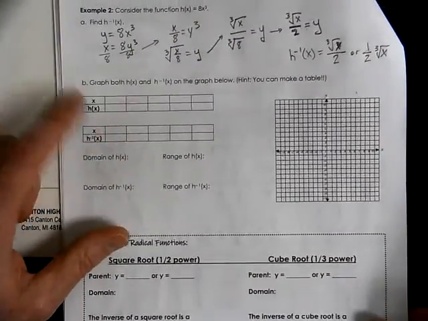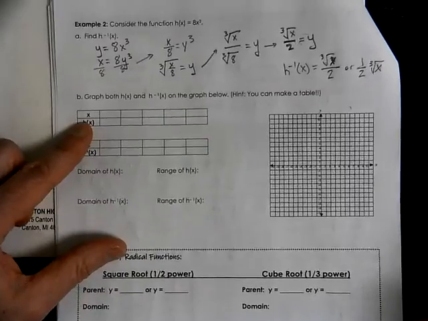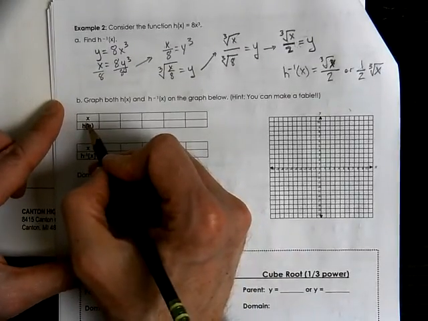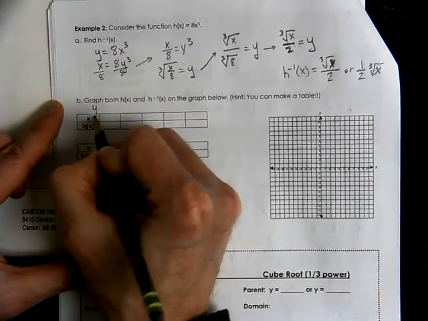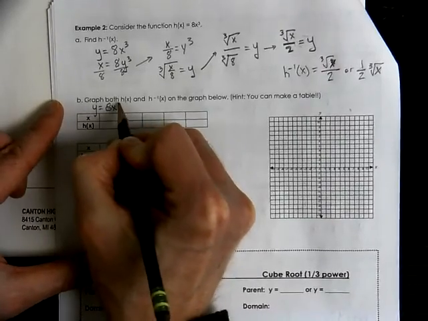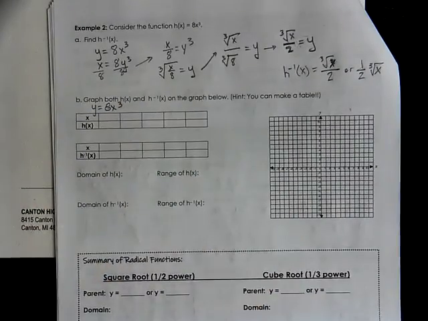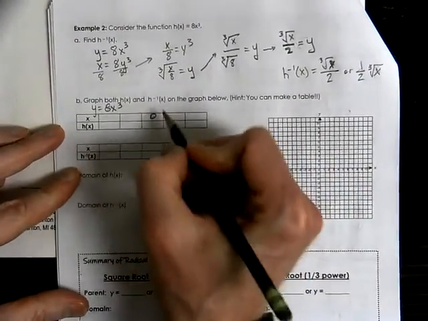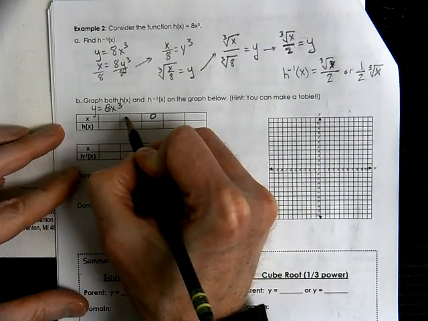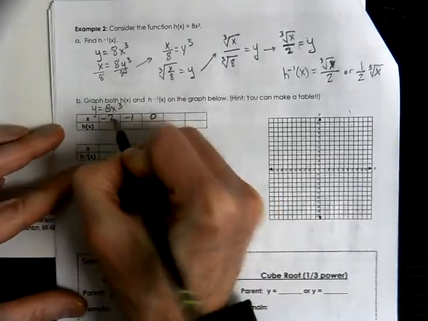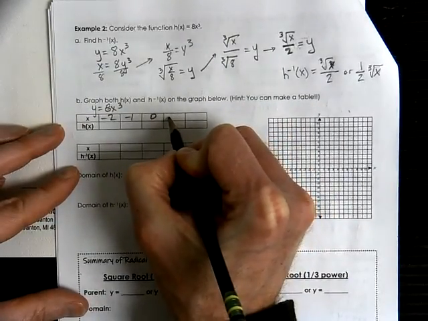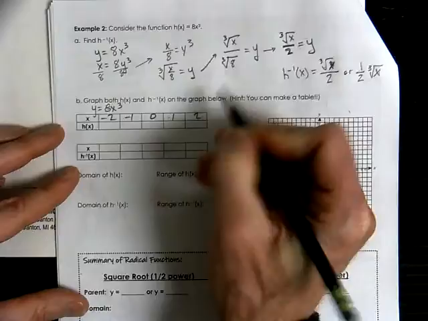One way to graph them is to consider your table. If our original h function was y equals 8x cubed, we can pick positive numbers and negative numbers. So we'll put 0 in the middle. We'll just make life easy for ourselves and do -1 and -2, 1 and 2.